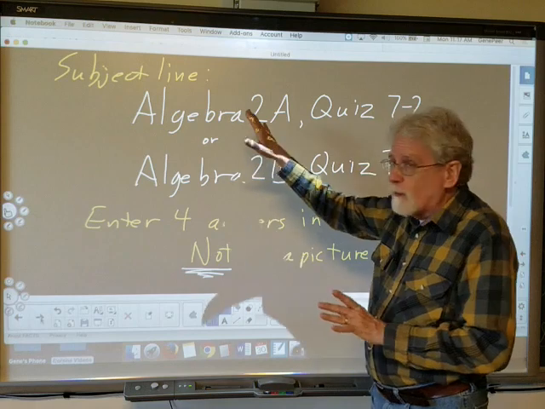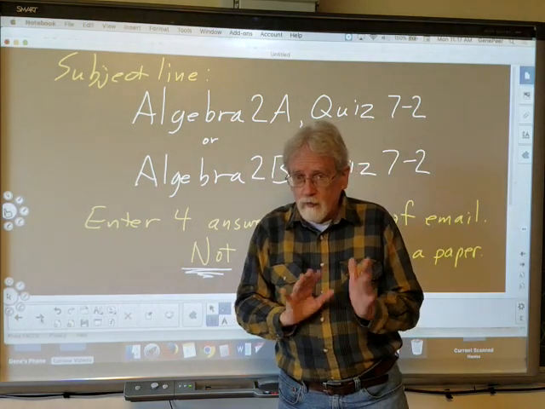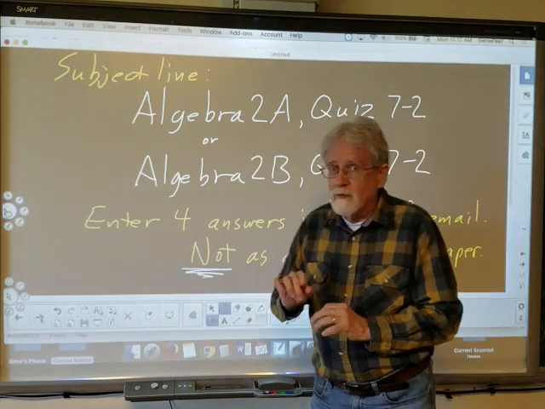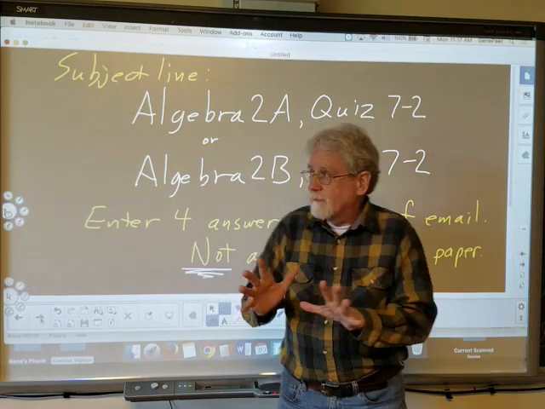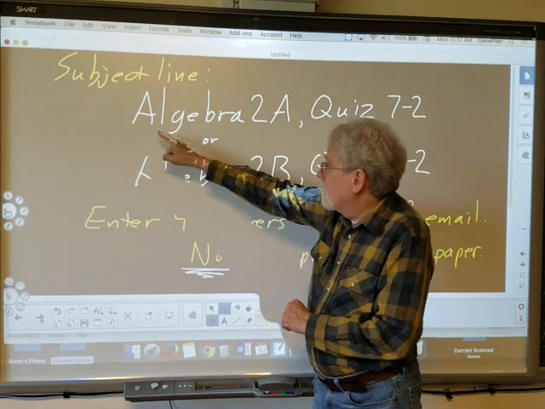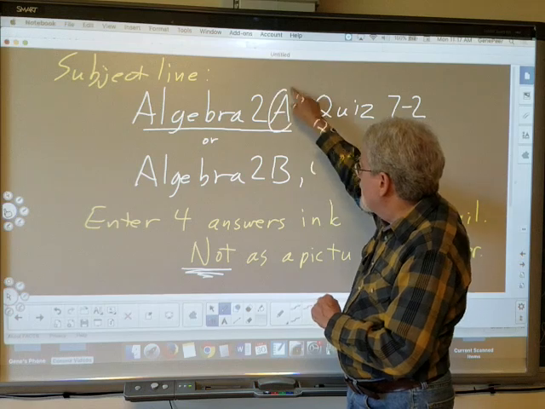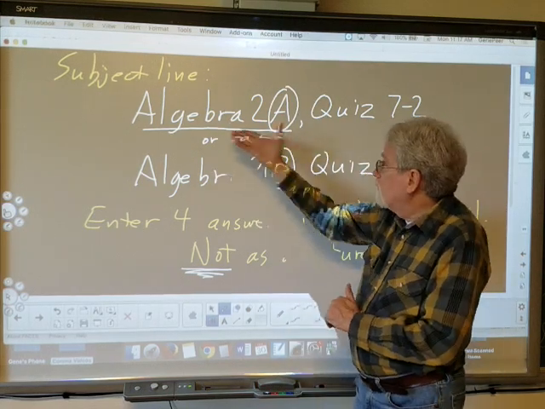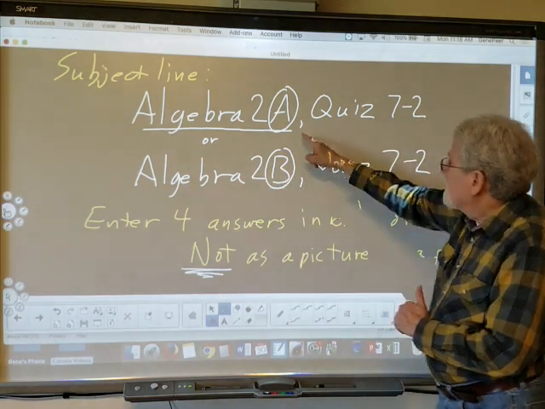Here's how I want you to do this. Just jot down the answers as you go, and when we're done, you will send me an email. And folks, some of you have not been following my email guidelines, and it's very frustrating. In the subject line, always give me your subject and section, Algebra 2A or Algebra 2B, then a comma.